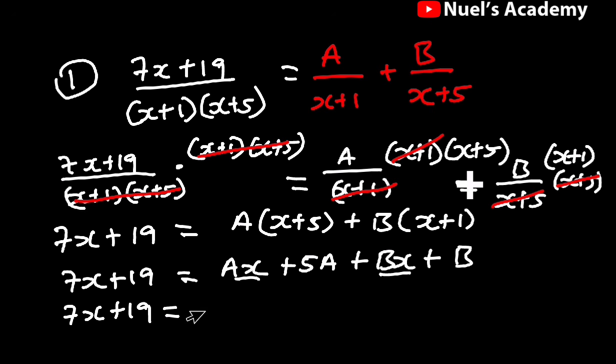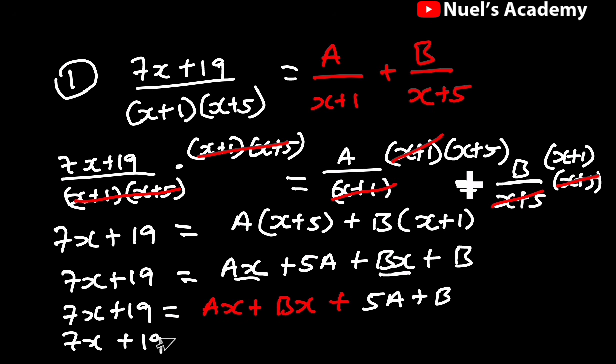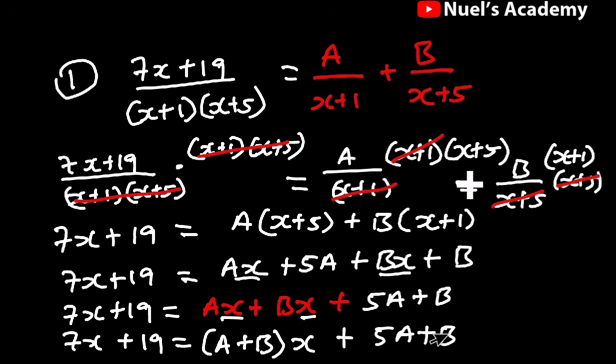So we have Ax + Bx, then plus 5A + B. x and x are common here, so let's bring it out. We are going to have (A + B) multiplied by x, then plus (5A + B).